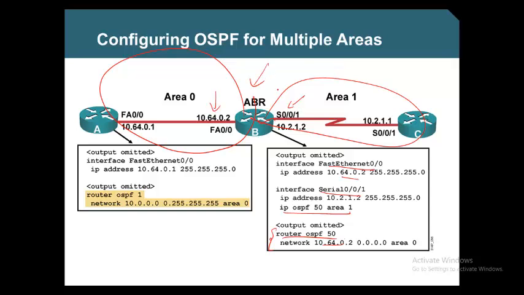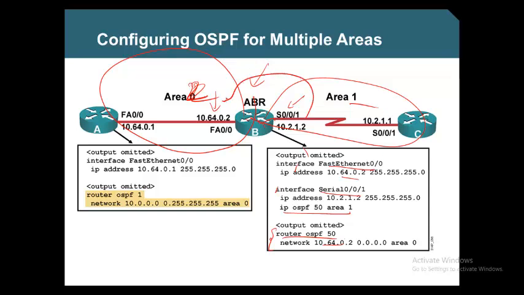Never call this router an ABR if this is area 2 and this is area 1. No, this will not be a border router. Why? Area 1 routes won't go first of all. Advertisement LSAs will not pass through, because from a non-backbone area, if an LSA needs to go, it will go only to area 0.